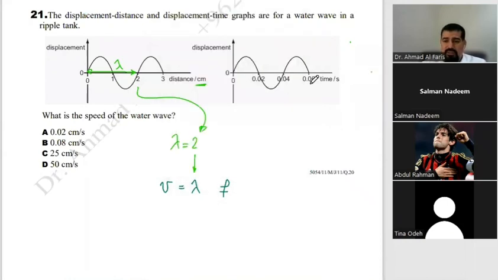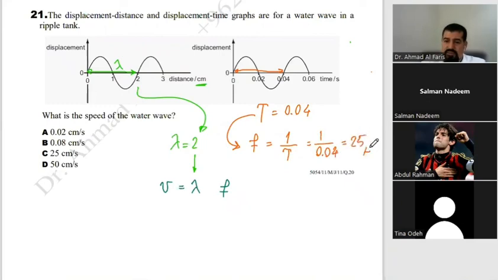But if we look here at the time for one complete wave, this is the period. So the period equals 0.04. From the period, I can find the frequency, which is the inverse of the period. So 1 divided by 0.04 is 25, exactly, 25 hertz.